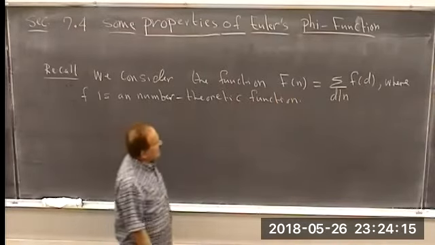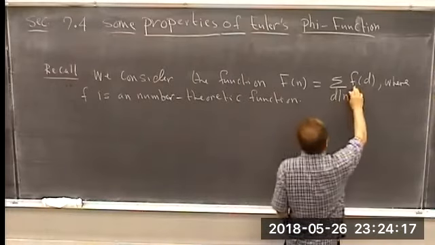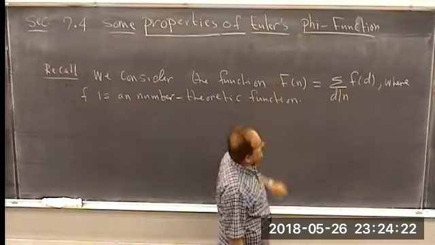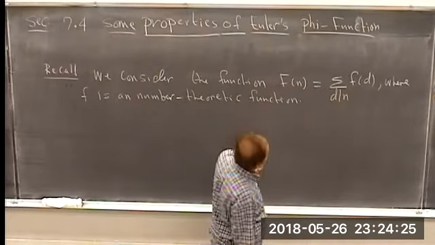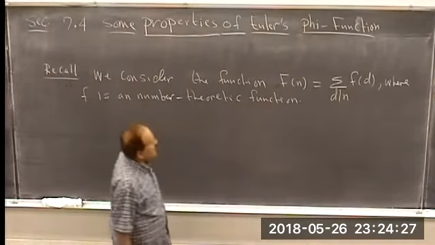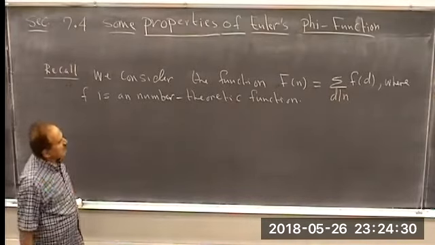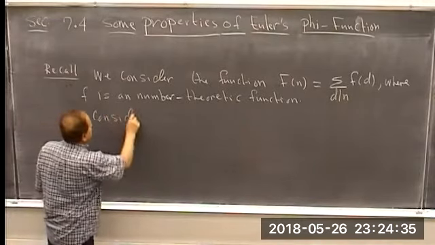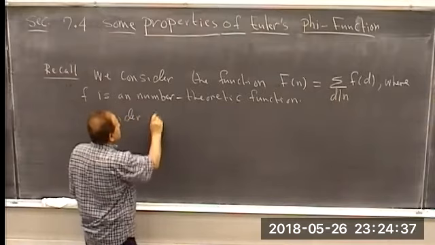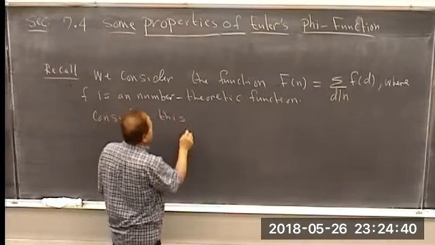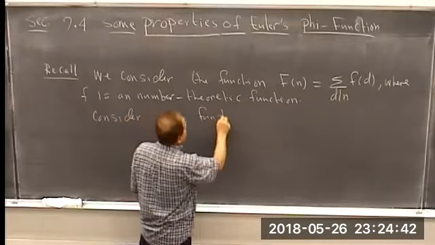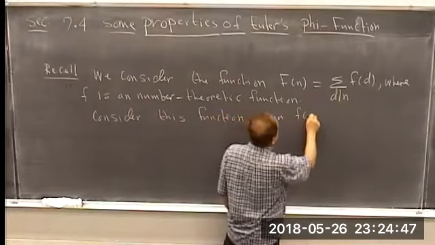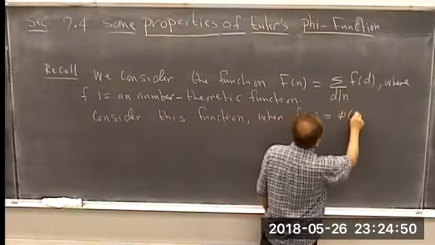For example, we said that if little f is multiplicative, then actually big F is multiplicative, and conversely, we use the Mobius inversion formula. So in this section, we're going to consider this function, capital F, when f of n is Euler's phi function.